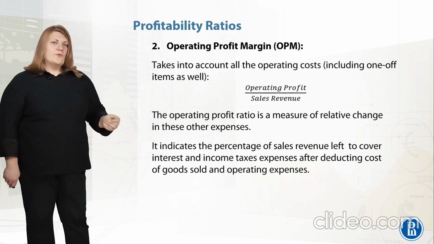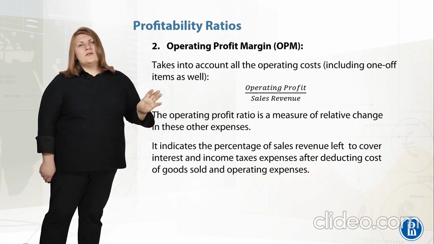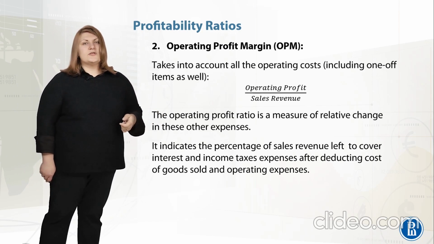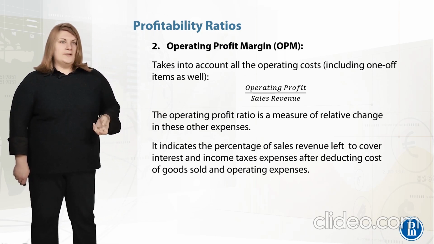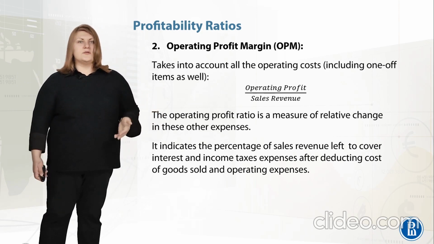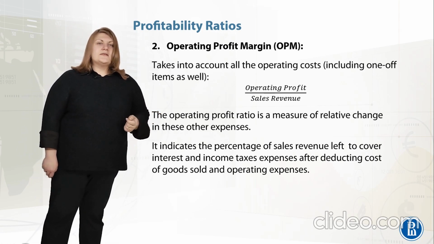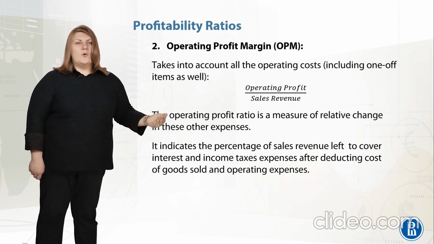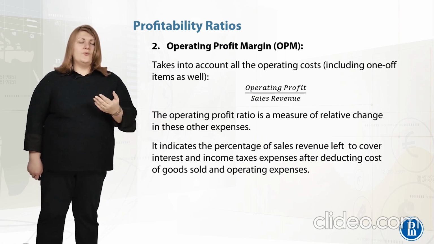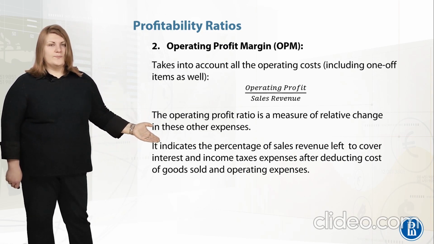Now, operating profit margin. The analysts should differentiate between the effects of one-off events and those which are likely to recur. Analysts typically compare changes in operating profit margin to those in gross profit margin. This ratio takes into account all the operating costs, including one-off items as well, which can be represented as operating profit over the sales revenue.